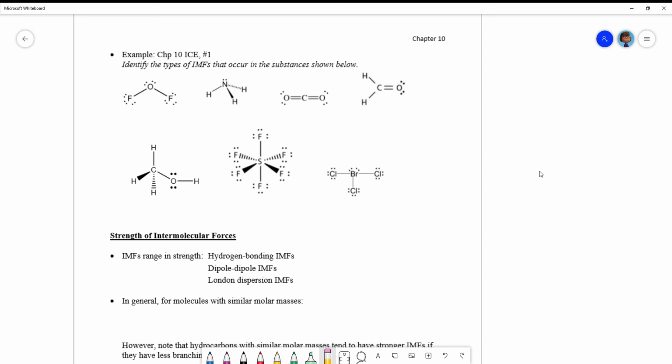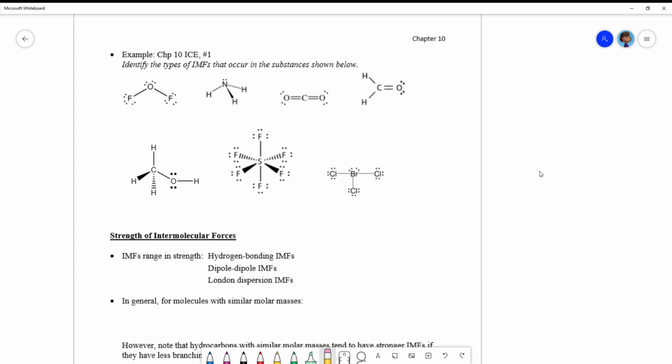So a key for you to identify the right IMFs is to know whether a substance is polar or nonpolar. Now this is going to bring us back to Chapter 8. In Chapter 8, to know if a substance is polar or nonpolar, you had to be able to draw the Lewis structures correctly. You also had to get the shape correct, because if the Lewis structures and the shape weren't right, you could not possibly know whether the substance is polar or not.